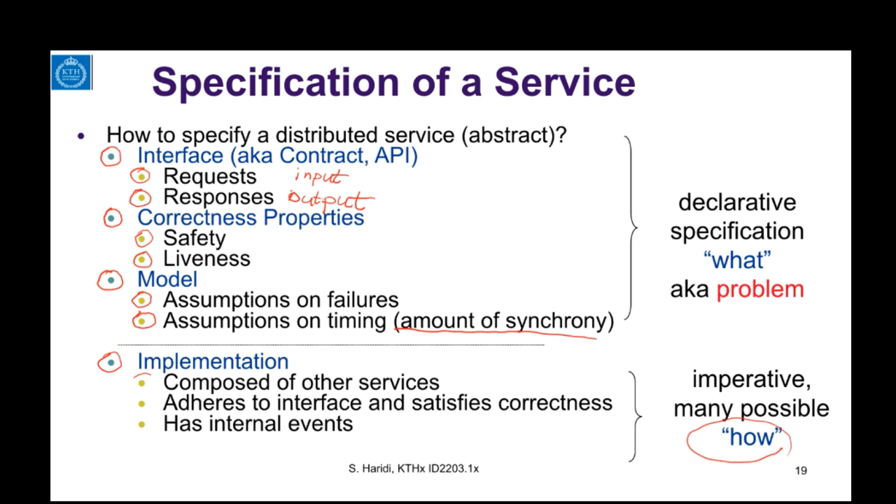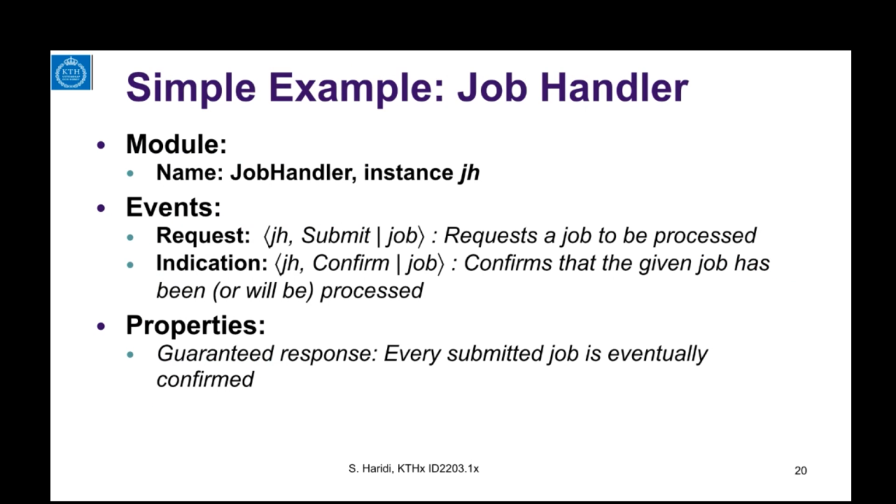How we design this service as composed of other services, how we make sure that this component adheres to the interface and satisfies the safety and liveness properties. And while doing this and specifying the component, what kind of internal events we are going to have and how they are going to be handled. As you will see, there will be possibly multiple implementations of a service that satisfy the specification.